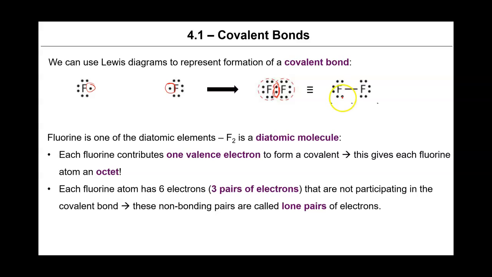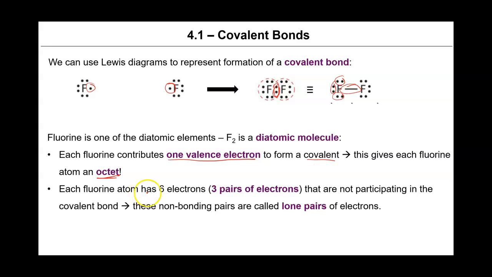So around each fluorine there will be 6 electrons that are not being shared, but then another 2 electrons that are being shared. Each fluorine contributes 1 valence electron to form a covalent bond, and that results in each fluorine atom obtaining an octet with 8 electrons in total.